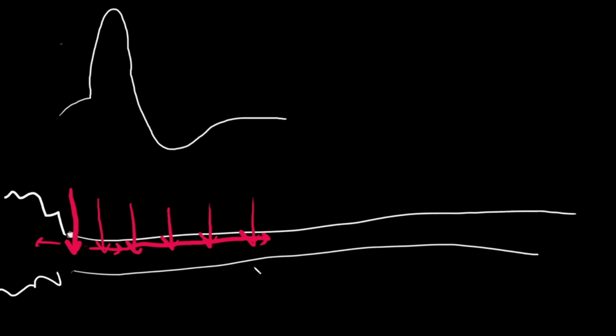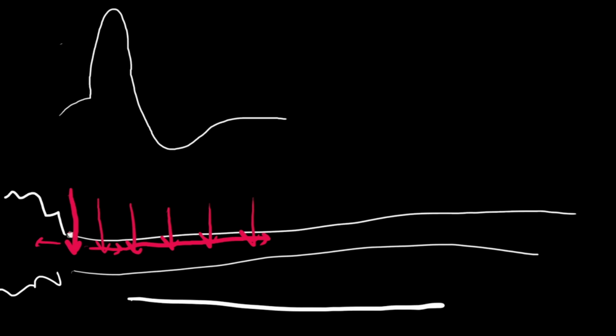Now, as far as action potential velocity goes, the size of the axon actually matters. How big the diameter is allows the velocity to increase or decrease. As the diameter increases, we have this type of axon versus this type of axon.